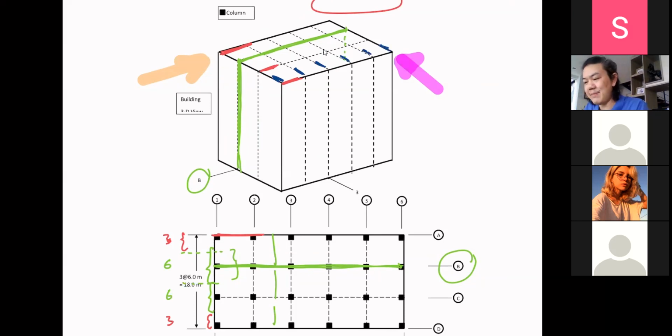Now let's imagine yourself as an engineer. Say how many frames you want to use. Huh?